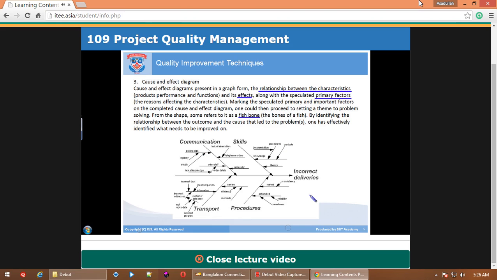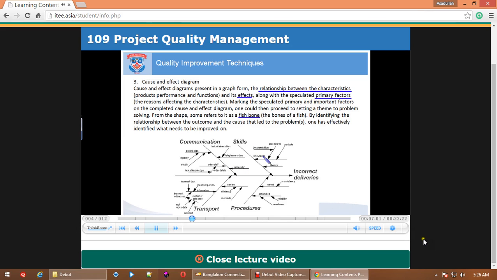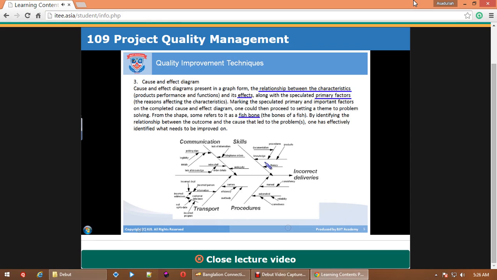Here we have shown one cause and effect diagram. There are four important characteristics shown here: communication, skills, transport, procedures, that cause the incorrect deliveries. And for each characteristic, there are primary factors that affect these characteristics. For example, one characteristic is procedures.